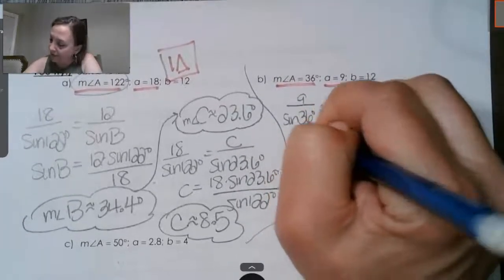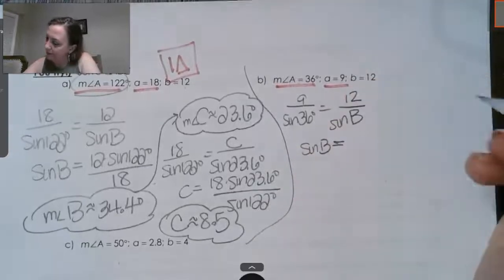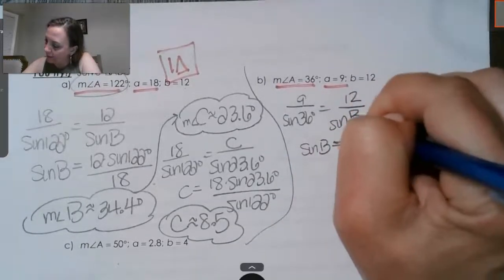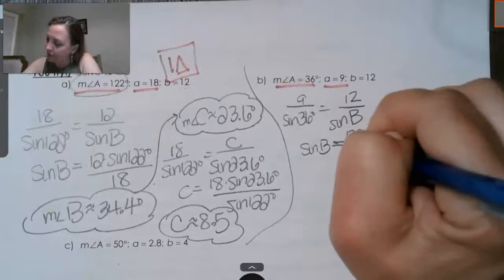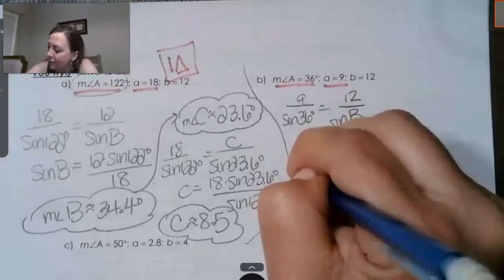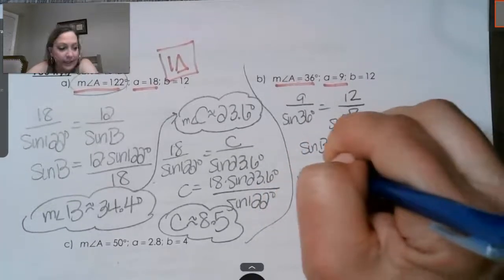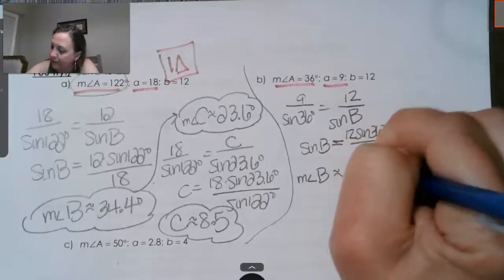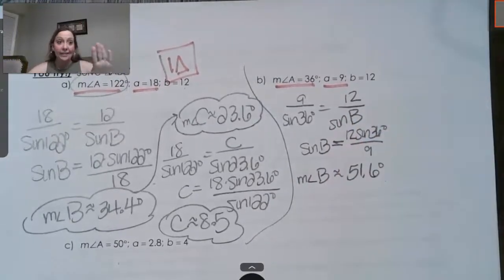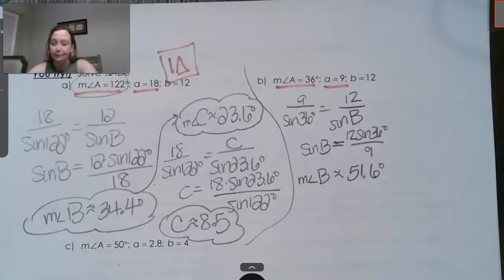So I have that the sine of B is equal to 12 times the sine of 36 degrees over 9. And we find that the measure of angle B is about 51.6 degrees. Since we get an answer, we have to check quadrant 2.